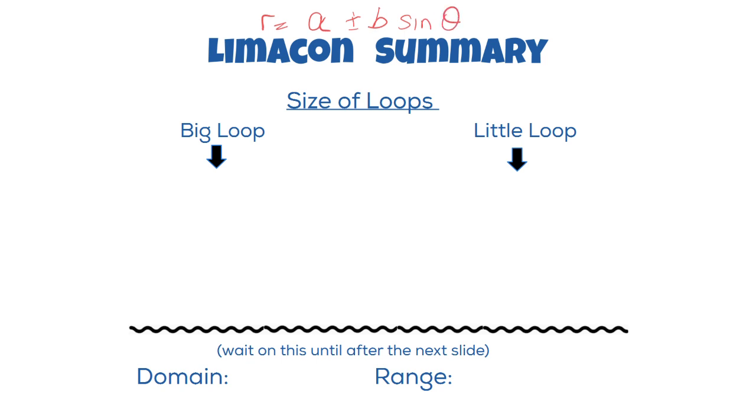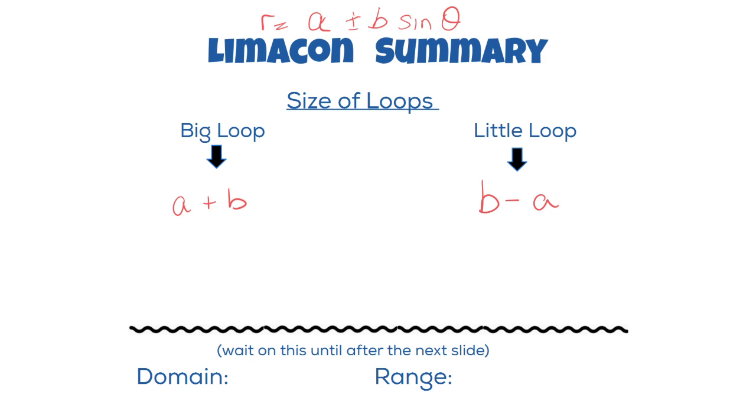The big loop, how big to make the big loop, was always A plus B. Now, when I talk about A and B, I am 100% ignoring what this sign is here. The plus or minus is dictating which direction it goes. So when I say A plus B, if this happens to be a minus, I'm not thinking of that as a negative B. I'm just looking at these two numbers, A plus B. And to get your little loop, you would always do B minus A.